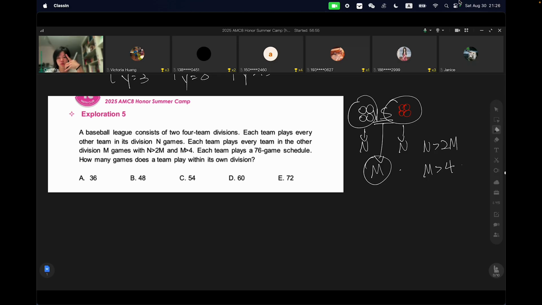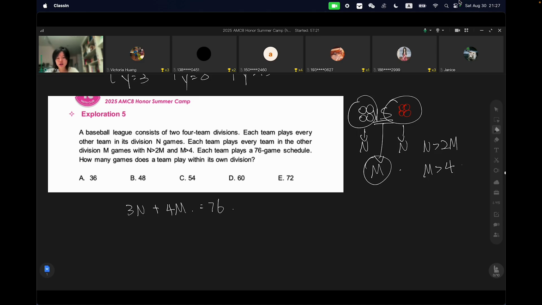Therefore, they are going to play 3n games plus 4m games, because there are 4 opponents in the other division. So 3n plus 4m equals 76. And this is the equation that we are trying to solve.